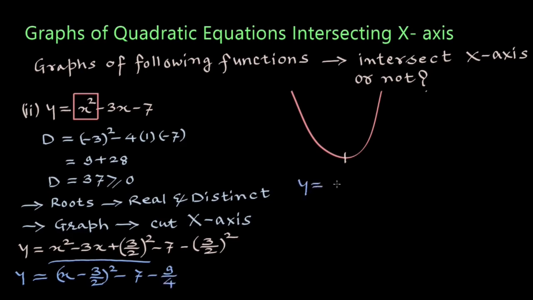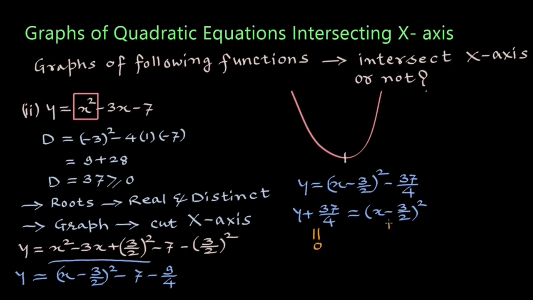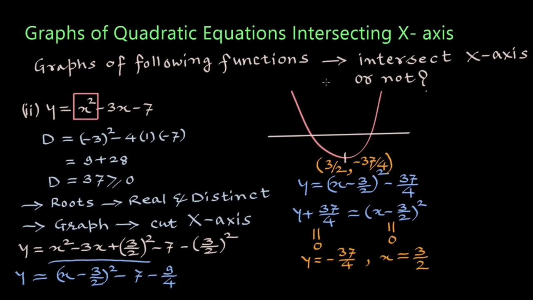That will be y equals (x − 3/2)² − 37/4, or y + 37/4 equals (x − 3/2)². Equating both sides to 0, we get y equals −37/4 and x equals 3/2. So the lowermost point on this parabola is (3/2, −37/4). The position of the x-axis and y-axis will be somewhat like this.